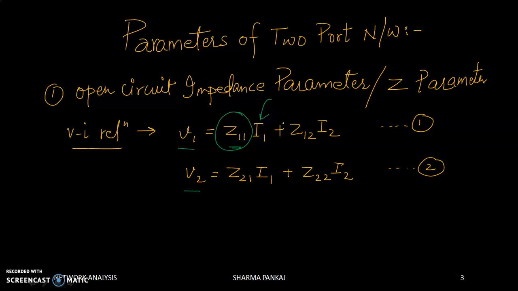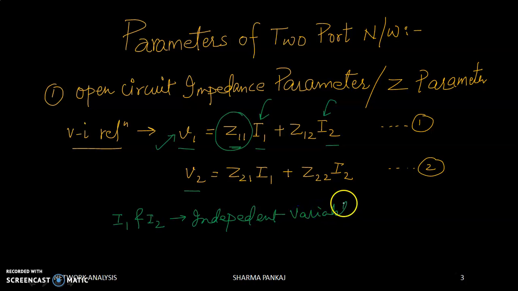If we can find the value of I1 and I2, the value of V1 can be determined successfully. Yes or no? This is so simple. So I1 and I2 are independent variables.